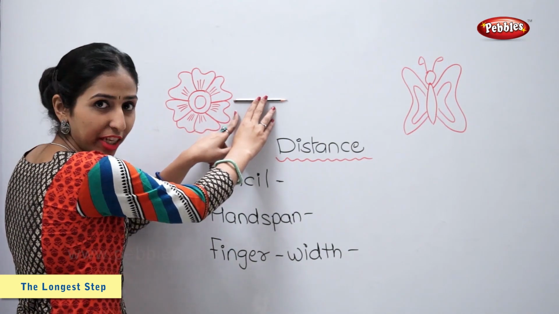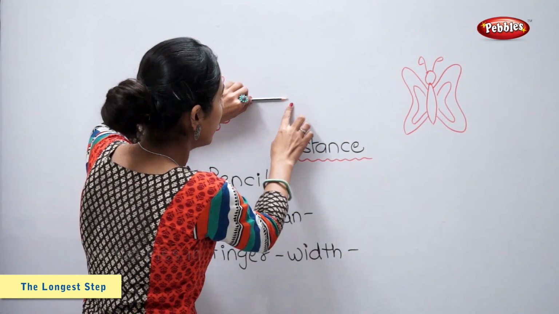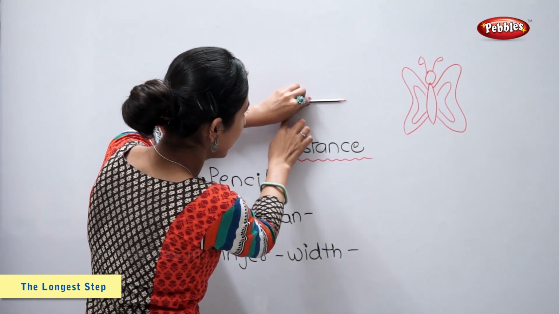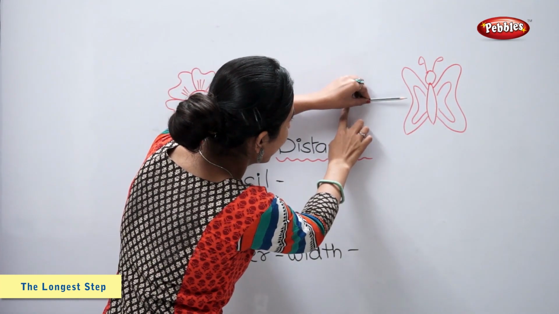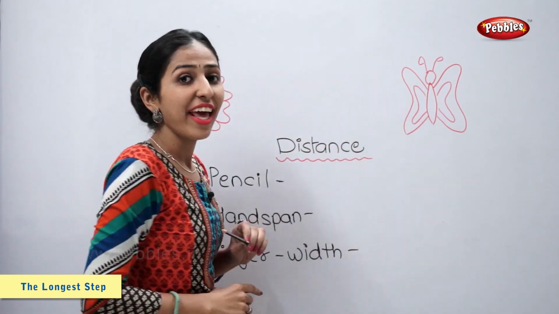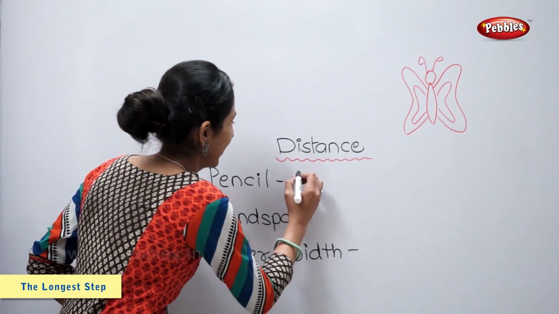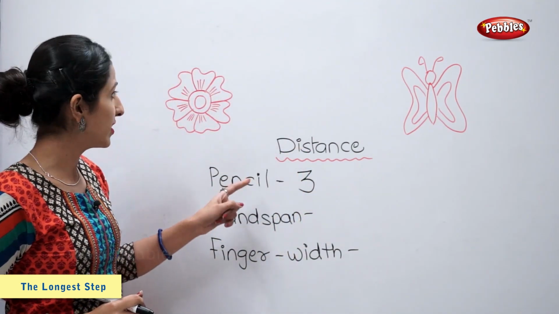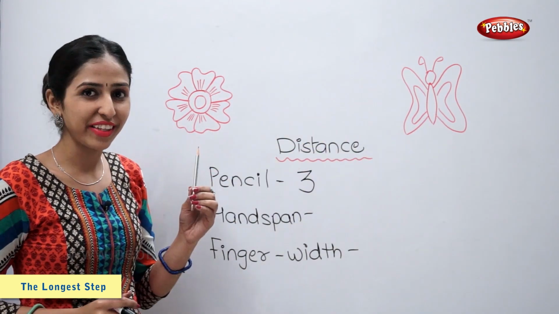One end near the flower. 1, 2, and 3. So, the distance of flower and butterfly is 3 pencils.